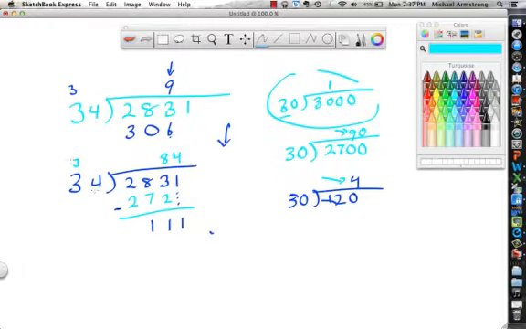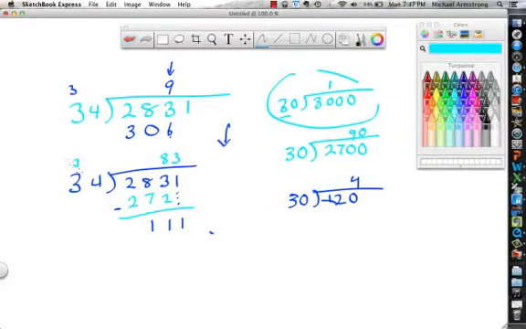4 times 4 is 16, so carry the 1, add the 6. 4 times 3 is 12, plus 1 is 13. Okay, obviously that's too big, so we're going to adjust down, and we're going to add a 3 instead of a 4.